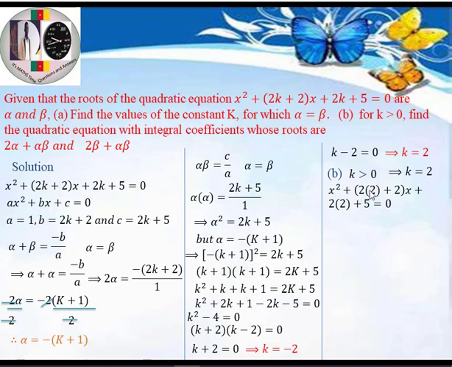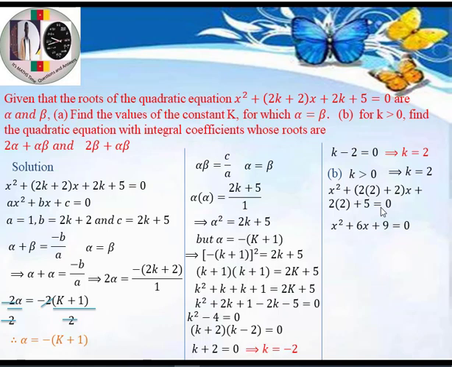So 2 times 2 is 4 plus 2 is 6x, and 2 times 2 is 4 plus 5 is 9. So we end up with the new equation, which will be x squared plus 6x plus 9 equals to 0.